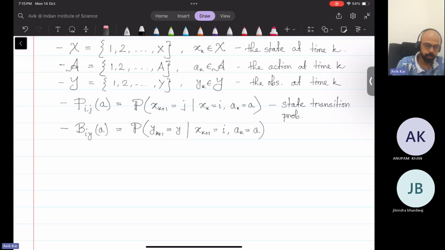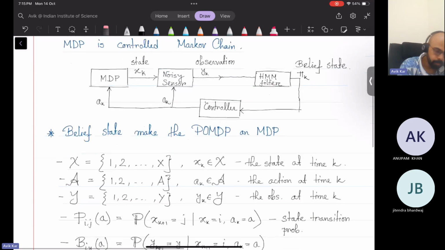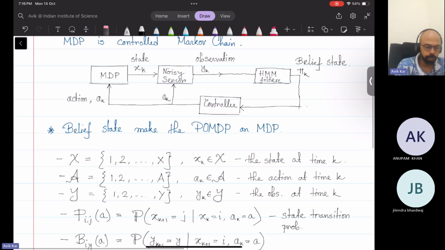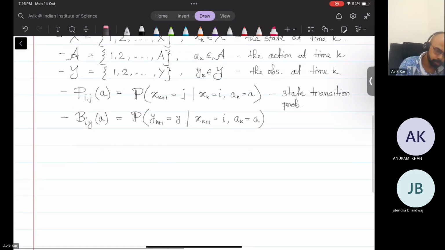As I have said earlier, in the diagram, ak is the action. The action is influencing the MDP to change its state, as well as influencing the sensor, so that xk+1 and ak both influence yk+1. And that's what we have written here.